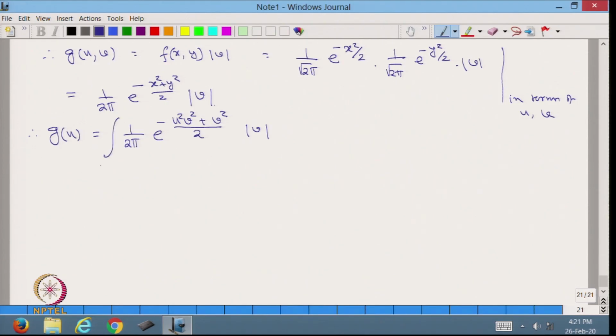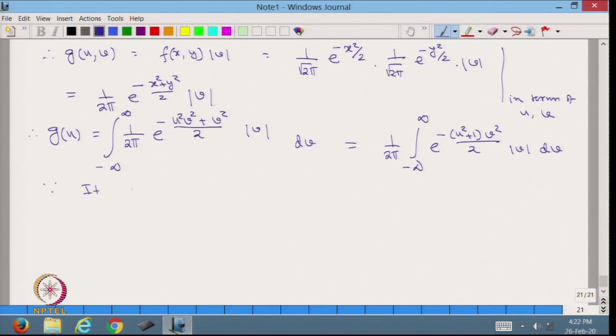This we are integrating from minus infinity to infinity with respect to v, which is equal to 1 over 2 pi, minus infinity to infinity, e to the power minus u square plus 1 into v square by 2, modulus of v dv.